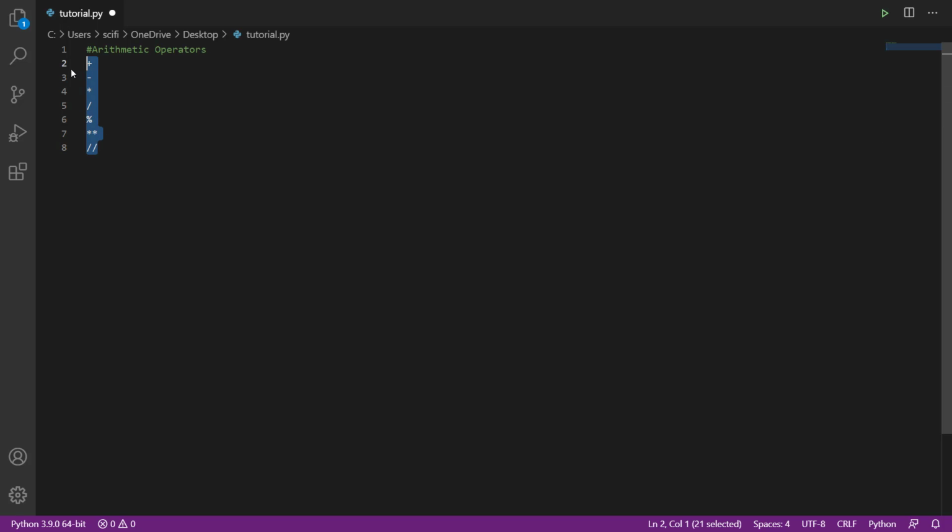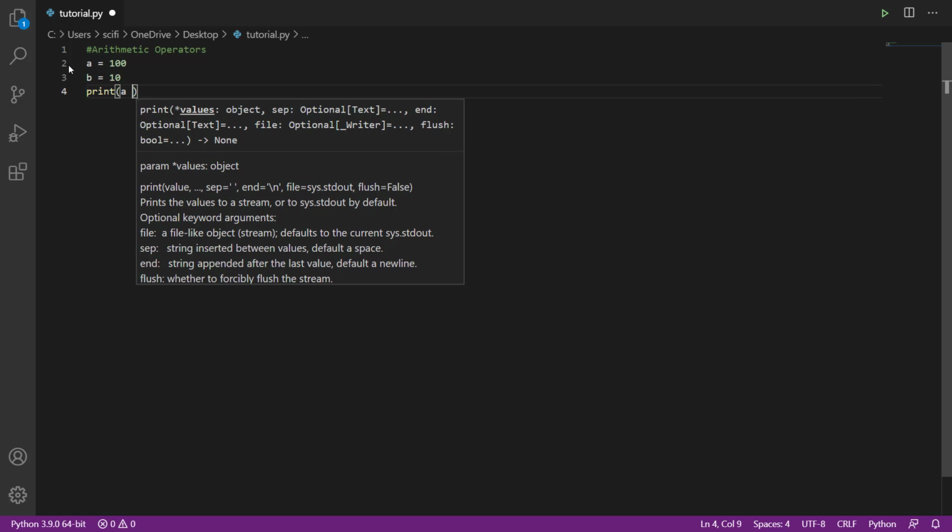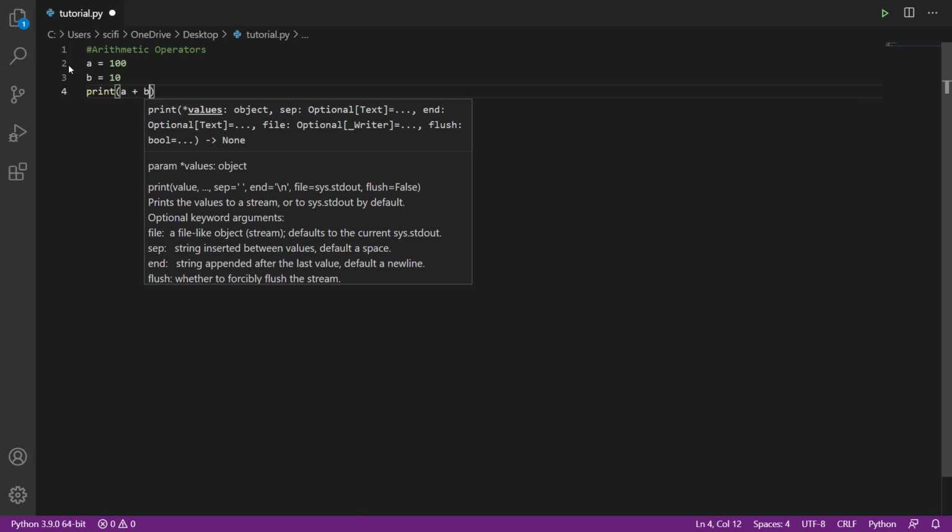Let's make use of them one by one and perform these operations. Let me give 2 variables: a equals 100 and b equals 10. Let's perform different arithmetic operations on these 2 variables. I'm directly printing the result of each operation. The first one is a plus b.